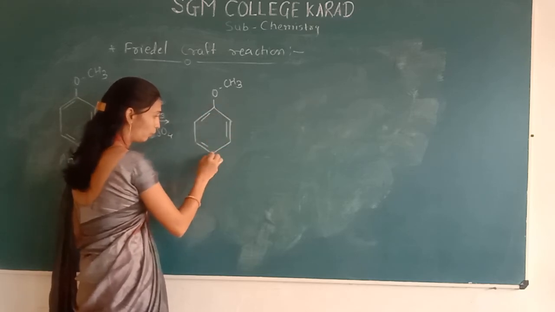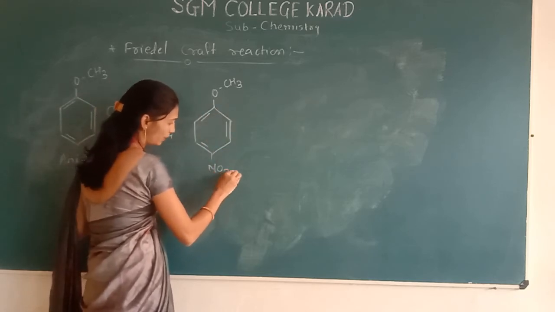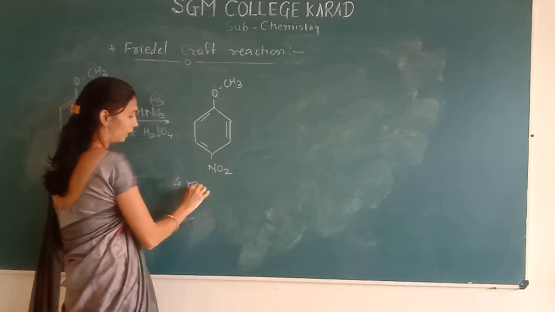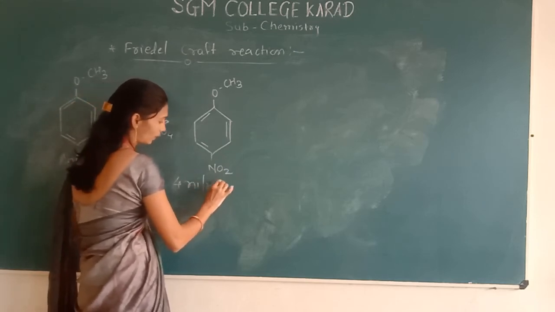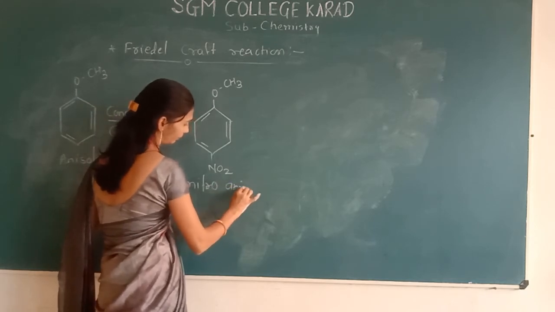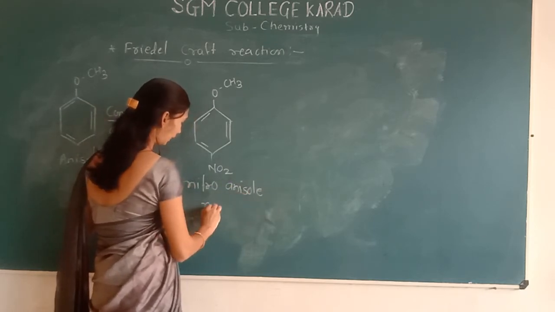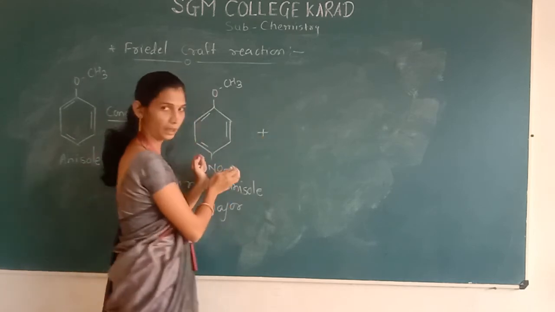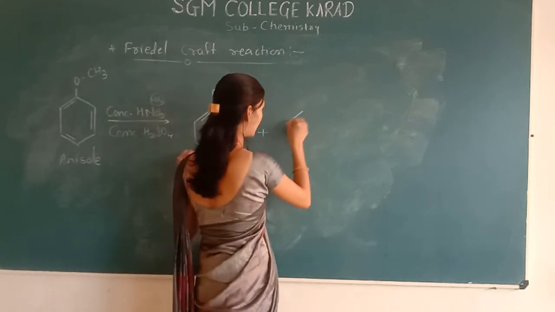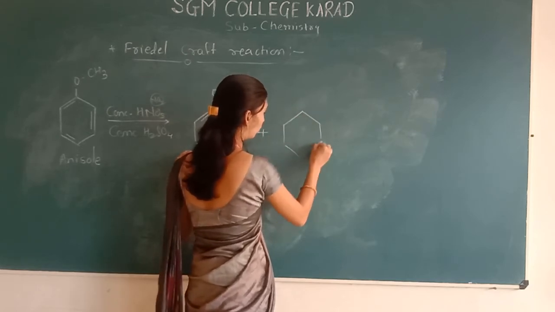One, two, three, fourth position. Our nitro group is attaching. Therefore, 4-nitroanisole. It's our major product. Plus, only the nitro group position changes, at the second place that nitro group is attaching.